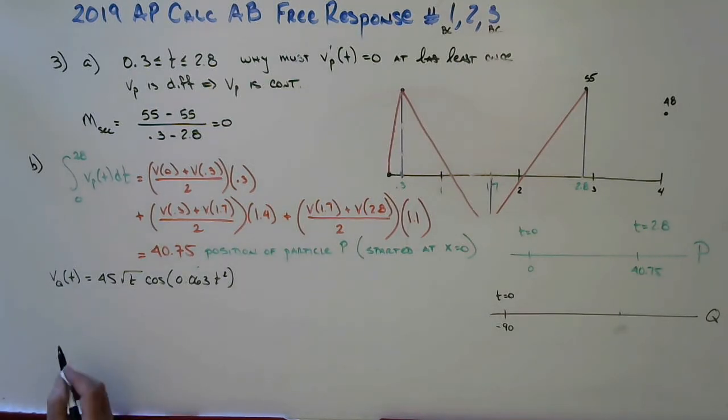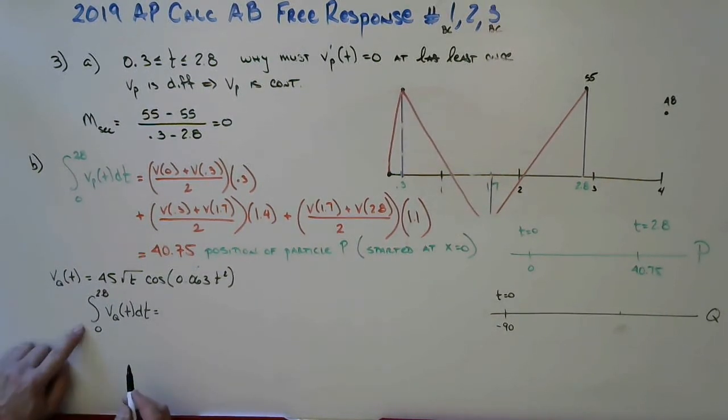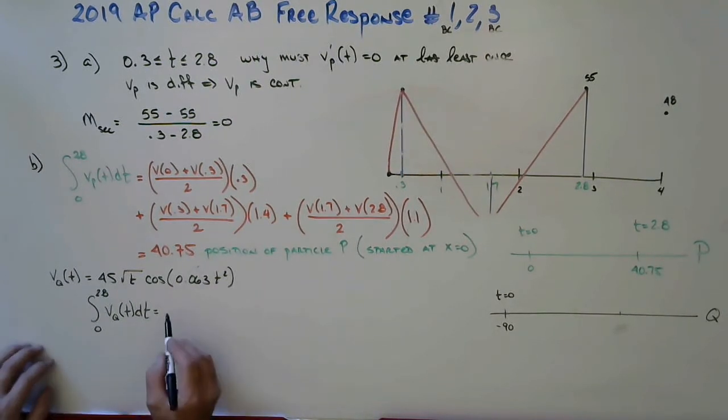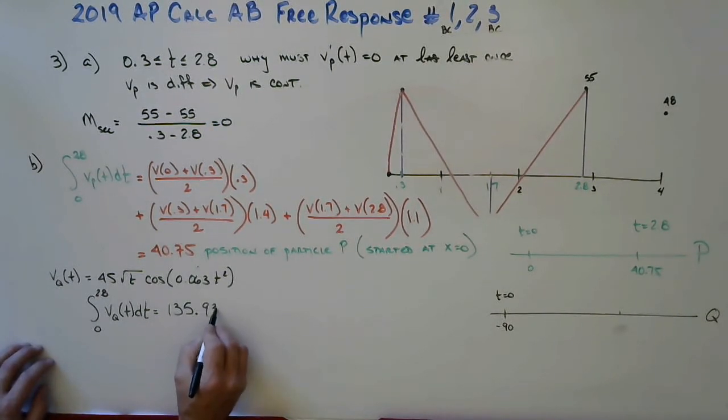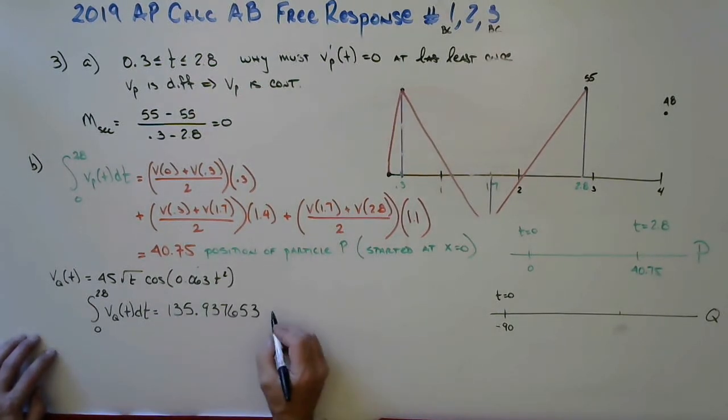Let's look at the integral from 0 to 2.8 of v sub q of t dt. We can find that on our calculator. And if we do find that on our calculator, you get 135.937653. Now, we also know what that equals.